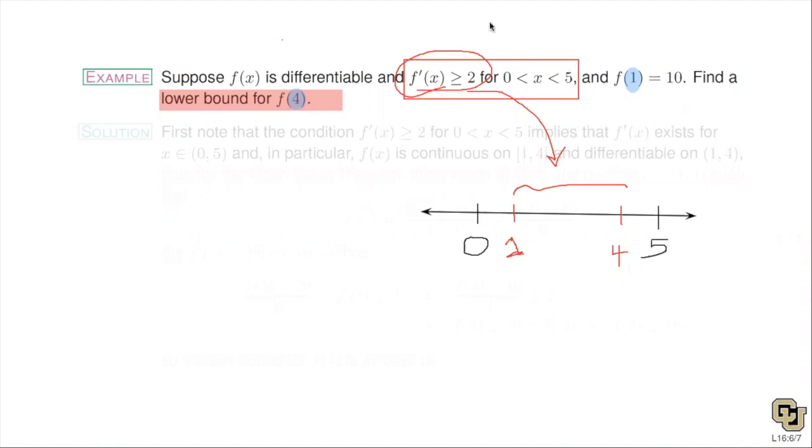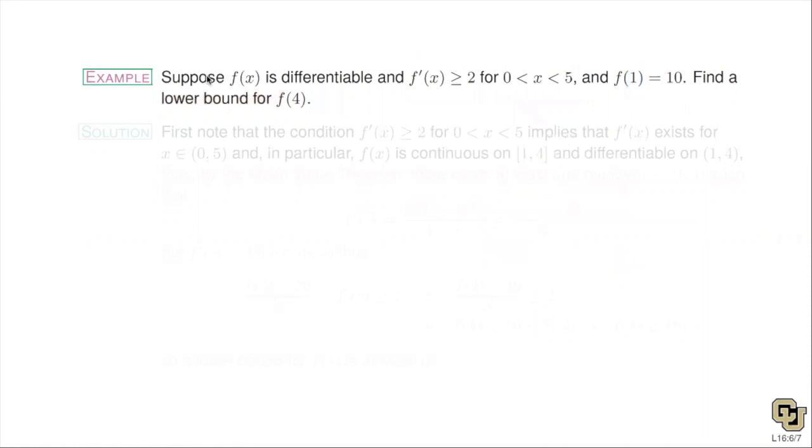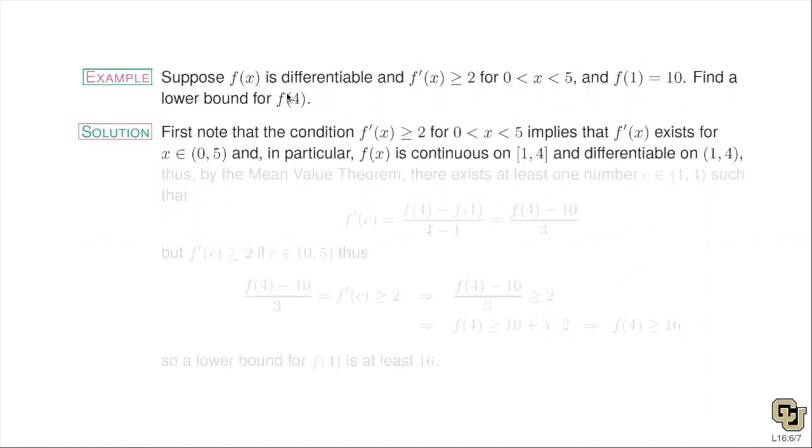So they've set up the stage for us to use the mean value theorem: they told us it's differentiable, they've given us information about the derivative, and they want us to find something about the function. And again here, we use the fact that it's differentiable.